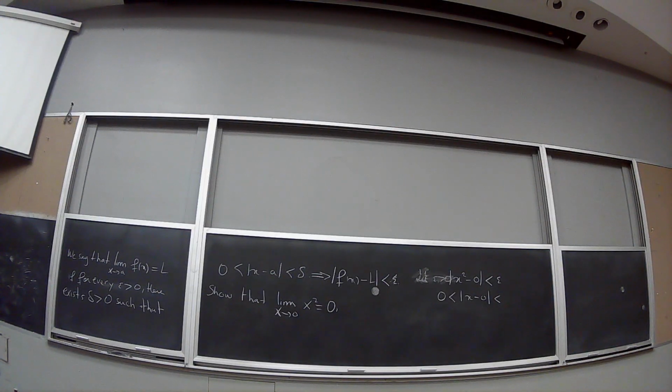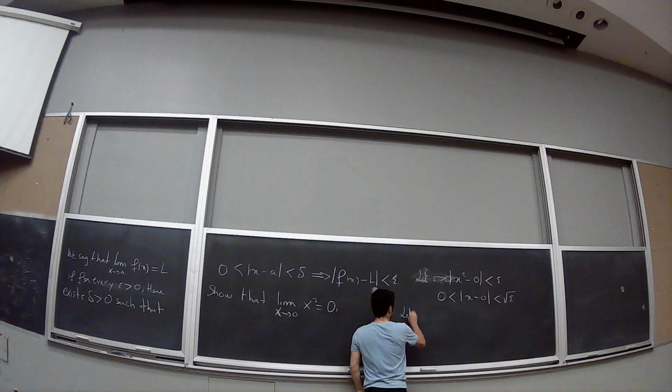If you want x squared minus 0 in absolute value to be less than 1/4, how should you pick x in absolute value? Less than 1/2, right? So if you have root epsilon here, then this is satisfied. You agree or not?